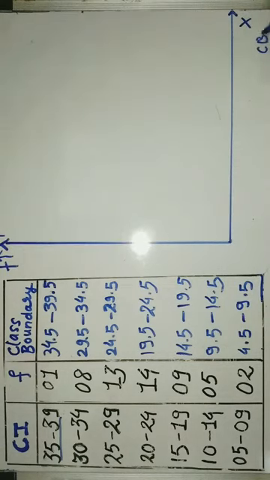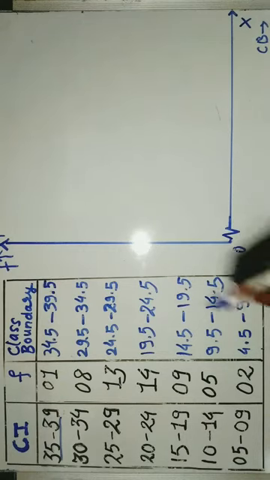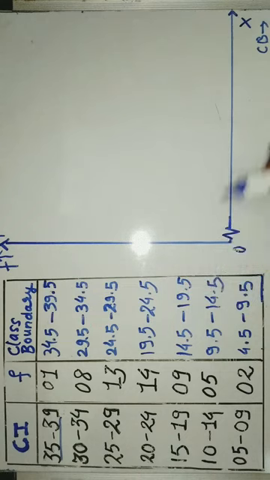As the first class boundary does not start from 0, you have to make this type of sign at the starting. Now we have to make 8 parts because there are 8 classes. So we have to make 8 parts of this x-axis of equal length.